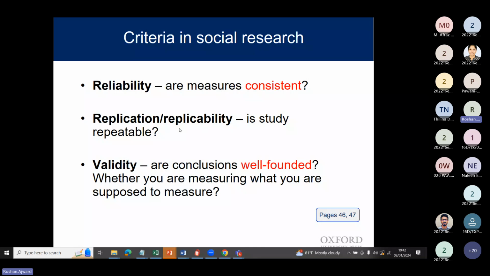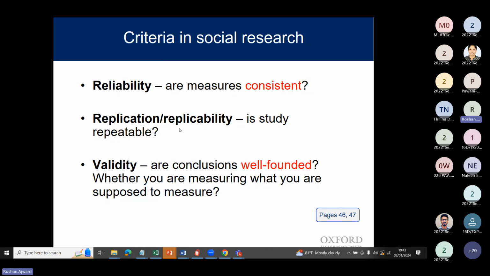On the other hand, I can give you a questionnaire on your student satisfaction at SAB. And I can take the same questionnaire and slightly change the name of the organization and give it to Jayavardhanapur students. So that's replication. Replicability. Is a study repeatable?